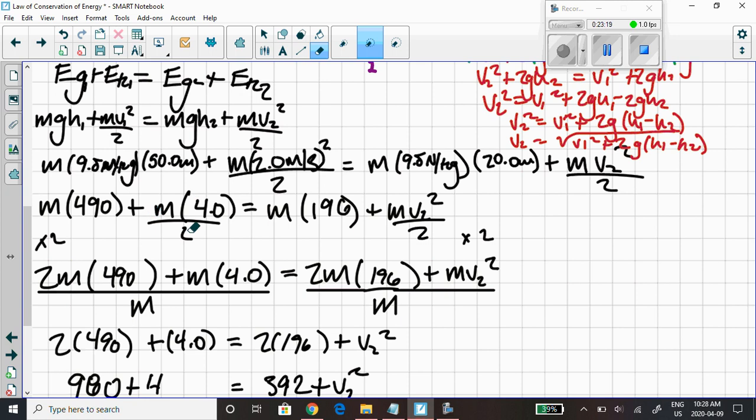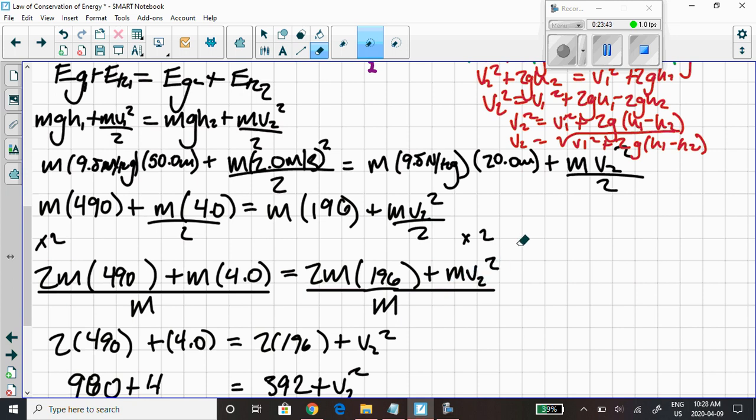But there's a 2 in the denominator, so it's gone. And I'm just left with m times 4. Similarly over here, look, it's m times 196. I'm multiplying it by 2, so it becomes 2 times m196. Over here, I'm multiplying this term by 2, but there's a 2 in the denominator, so they cancel out, and I'm just left with m speed second situation squared.